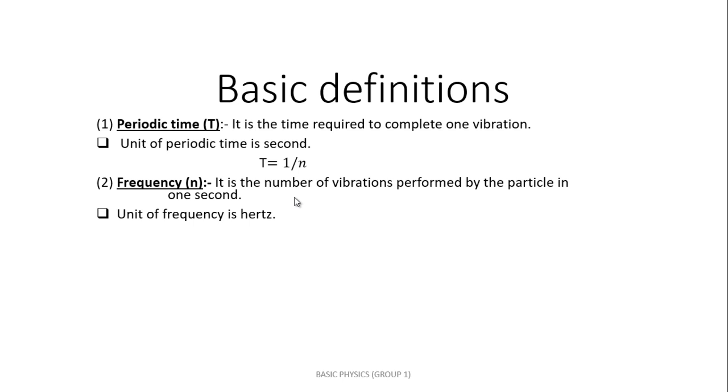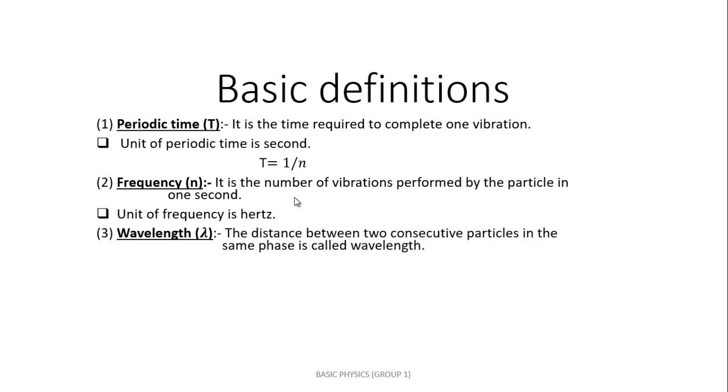Now third one and main is called wavelength. In wavelength, the distance between two consecutive particles in the same phase is called wavelength. નજીક નજીકના જે પાર્ટિકલ હોય એ બંને વચ્ચેનું ડિસ્ટન્સ, એક જ ફેઝમાં આવેલા હોય, એને વેવલેન્થ કહેવાય.